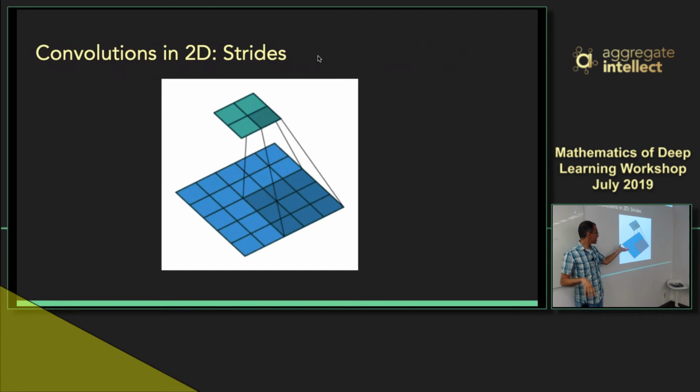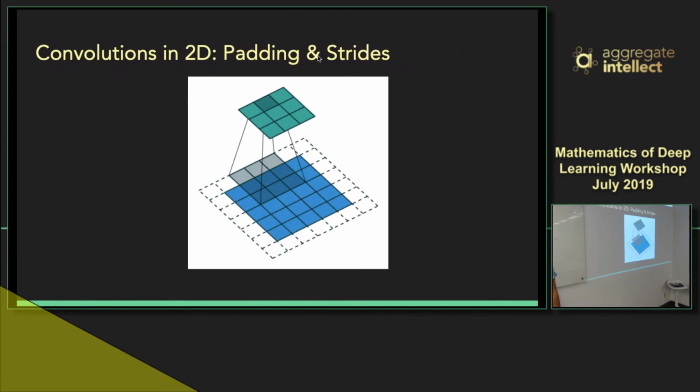And in PyTorch, padding is one of the inputs to the convolution that you provide. Stride is another one. And you can pad and give it a wider stride. So that's a combination of both.